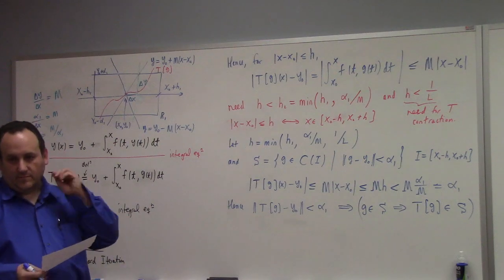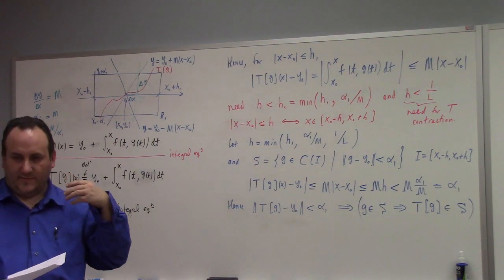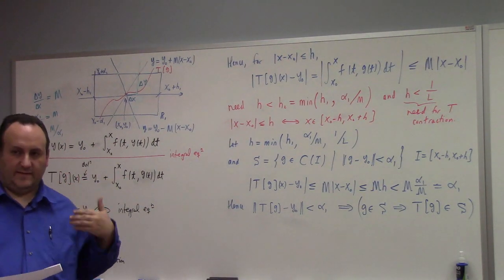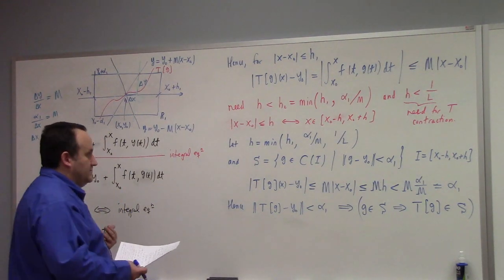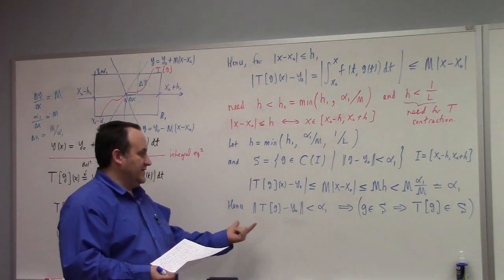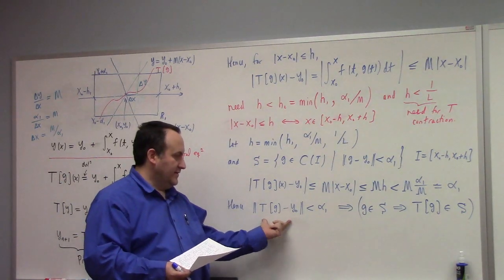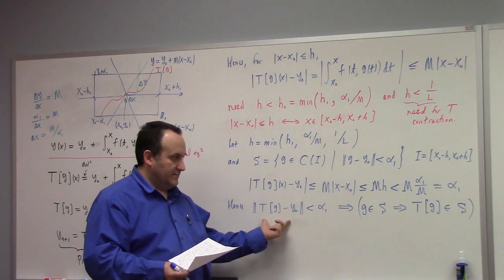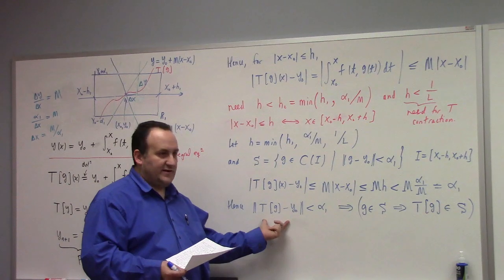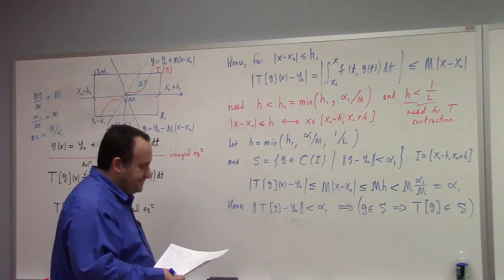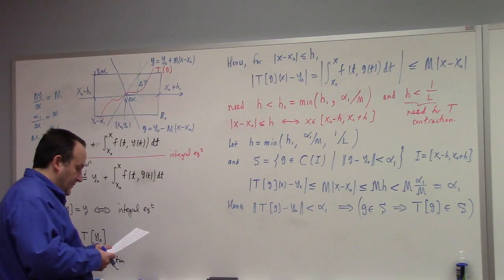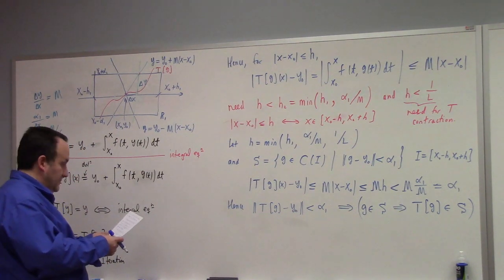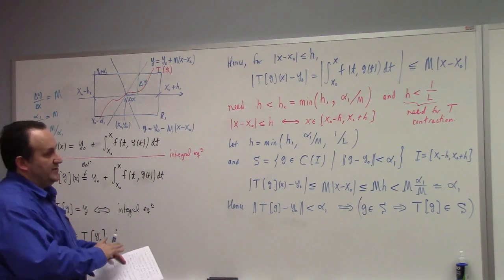We need that the alleged contraction is a mapping from S into S. That's all that is, because the definition of S was, in part, that we're looking for functions that are less than alpha 1 distance from Y naught. All right. And so to prove T is a contraction, I will need to erase more.